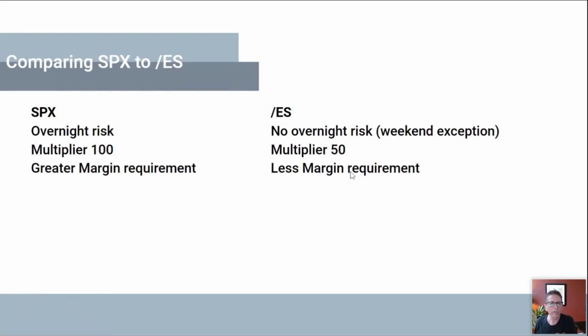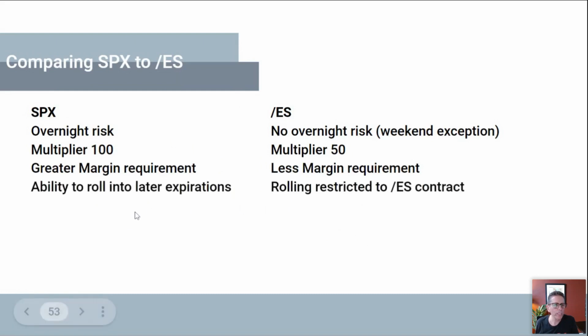You need more legs, more contracts in order to get the same amount, and we'll look at that in a second. Greater margin requirement for SPX, less margin requirement for ES. Ability to roll into later expirations for SPX. You can't do that with ES, all right? You have to close the trade and place it again.